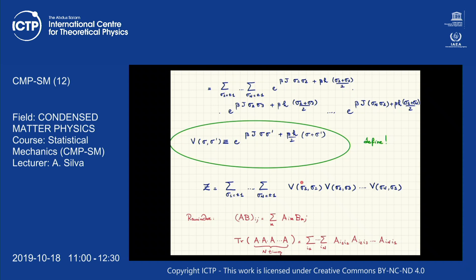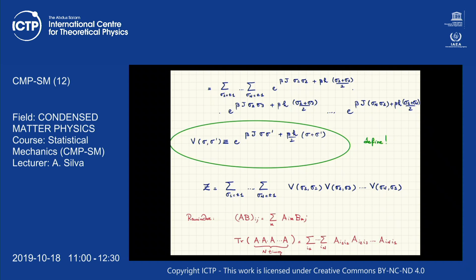You see that I have the first and the last index that are equal because of periodic boundary conditions. Now this function here, sigma, can take only discrete values. So I can think of it as the index of a matrix, right? That can have two values, plus and minus 1.